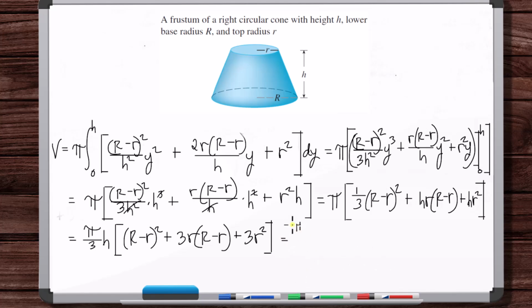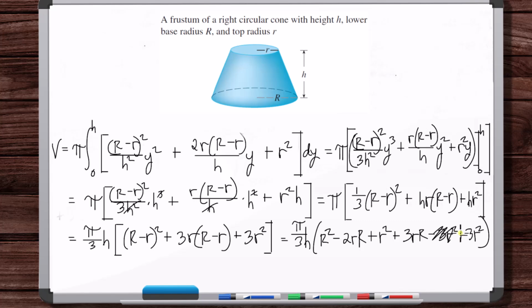Okay, so let's see if we can simplify this a little bit more. We've got capital R squared minus 2 lowercase r capital R plus lowercase r squared plus 3 times this.